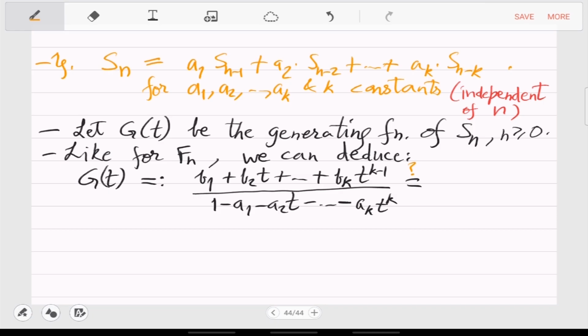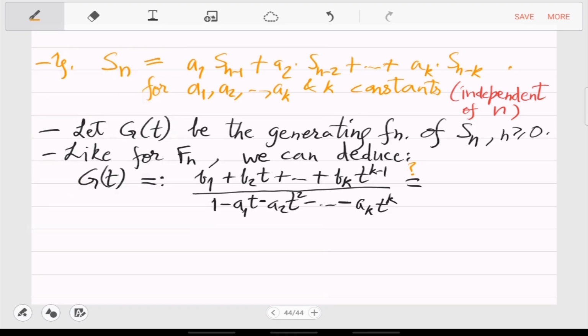Yeah, that may be right. And this is tk, right? Okay. Yeah, so in the simple case it was 1 minus t square, same thing.